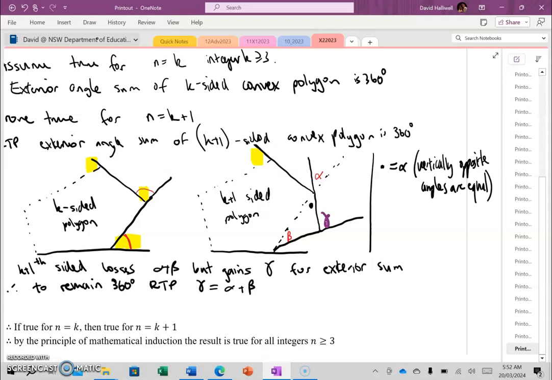And also, the exterior angle should equal the sum of the two opposite interior angles, which means that gamma here will equal dot plus beta. Exterior angle of a triangle is equal to the sum of the opposite interior angles.